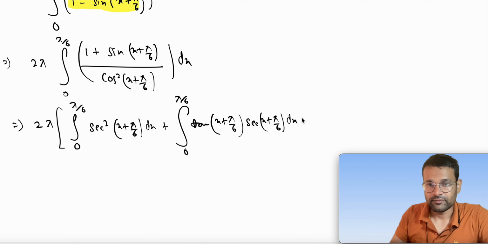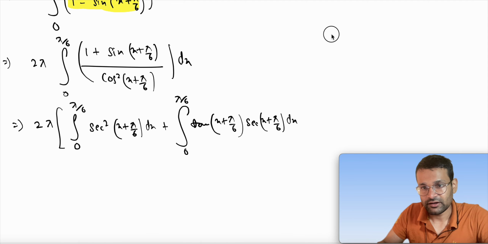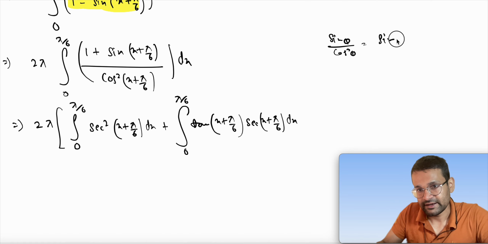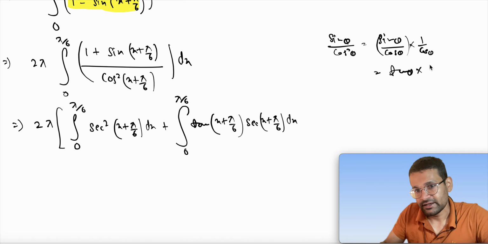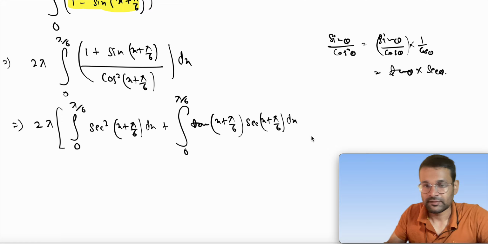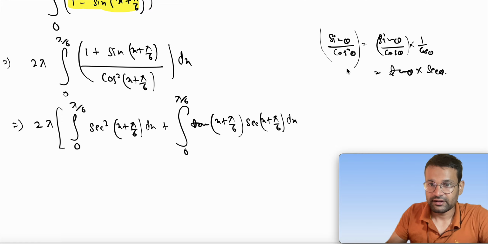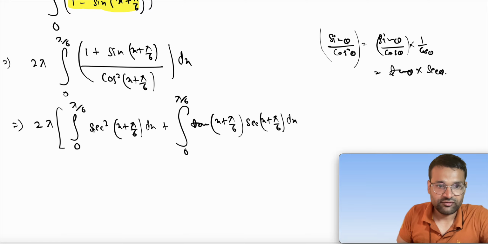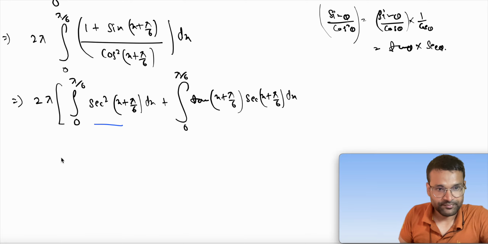Because you know that sine theta by cos squared theta can be written as sine theta by cos theta into 1 by cos theta, and this becomes tan theta and this is sec theta. That's a fact I am using here when we do a partial division. This part was simple.